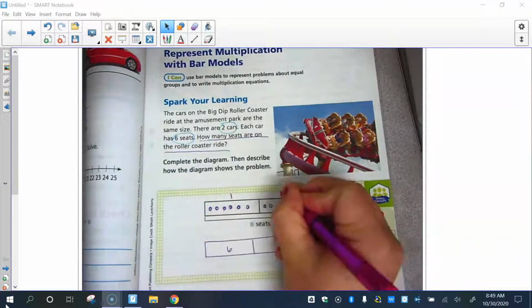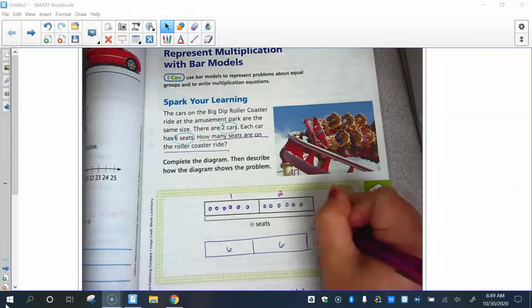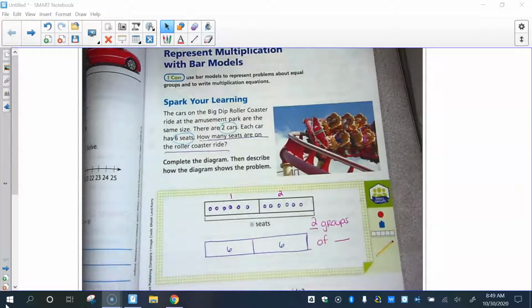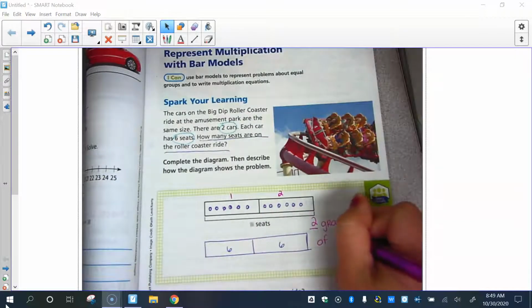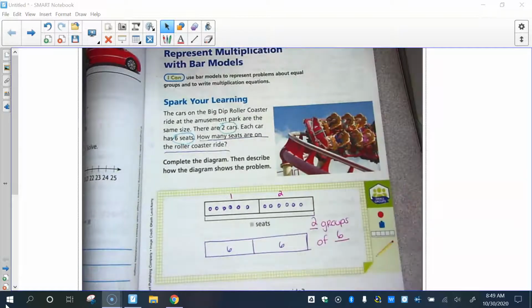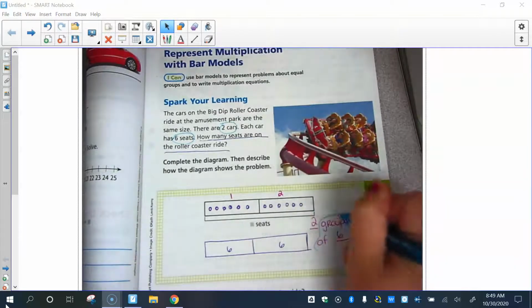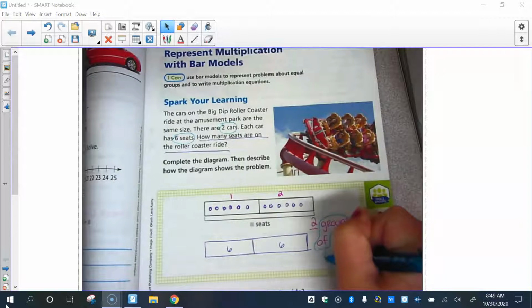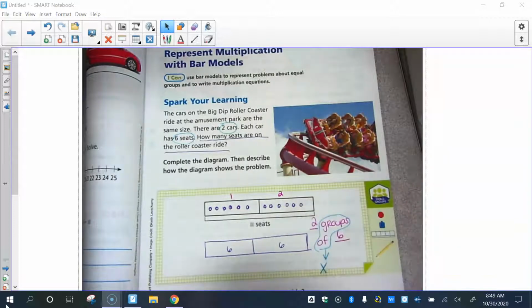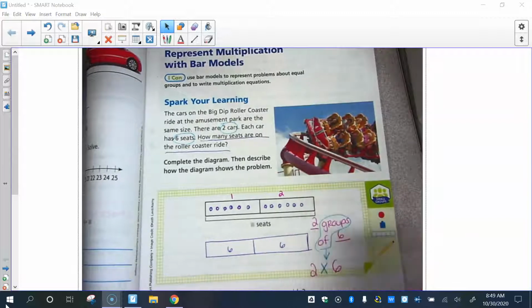We have 1, 2, so 2 groups of, and how many are in each group? 1, 2, 3, 4, 5, 6. 2 groups of 6. And remember, when we have groups of, that means multiplication sign. So 2 times 6.